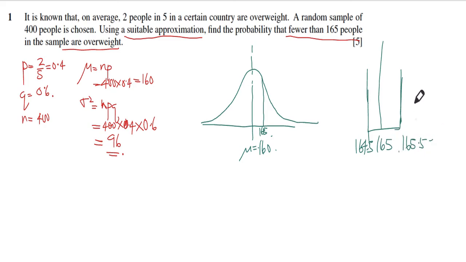Since the question requires fewer than 165, I can't take anything more than 165. Certainly I have to take anything less than 165, but since the question says fewer than 165, I can't take 165, so it has to be the value 164.5.